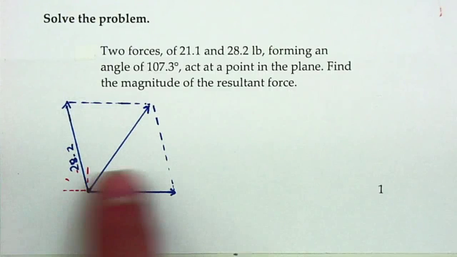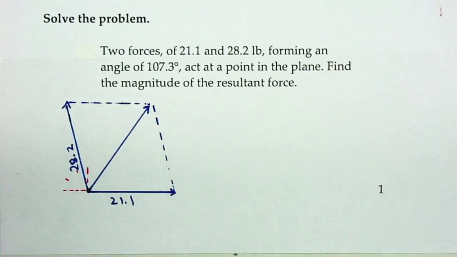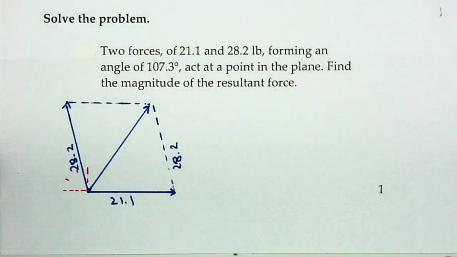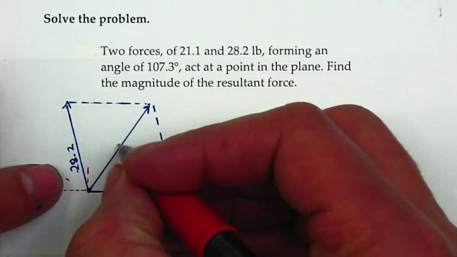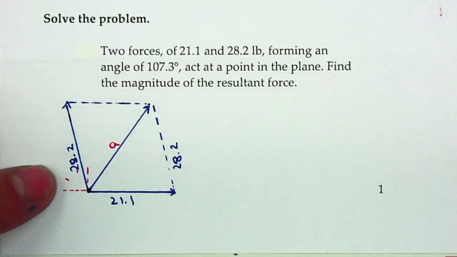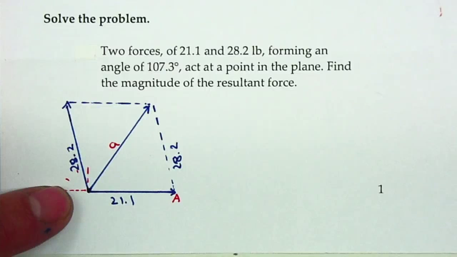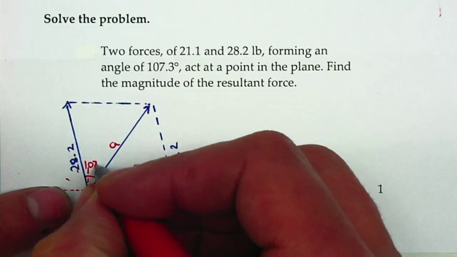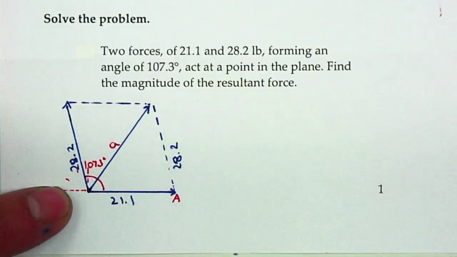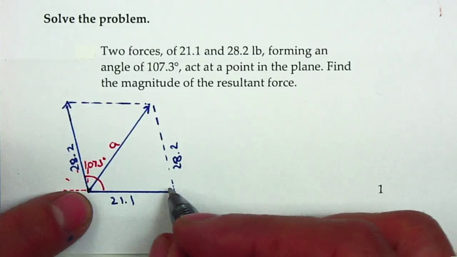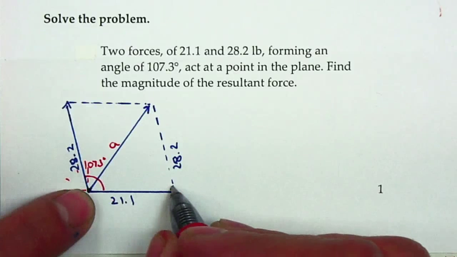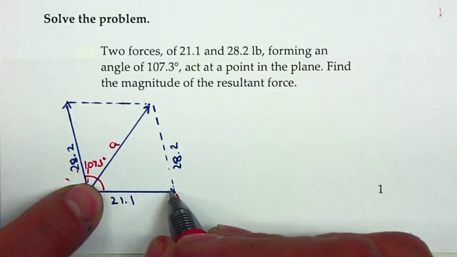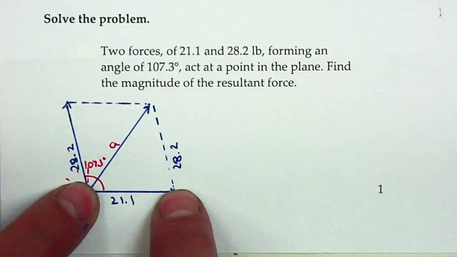Since we copied this vector to the other side, they have the same length, which is 28.2. And we're trying to find this side, which we're going to call letter A, and this will be angle A. We know that this angle here is 107.3 degrees, and on a parallelogram, sequential angles add up to 180 degrees.